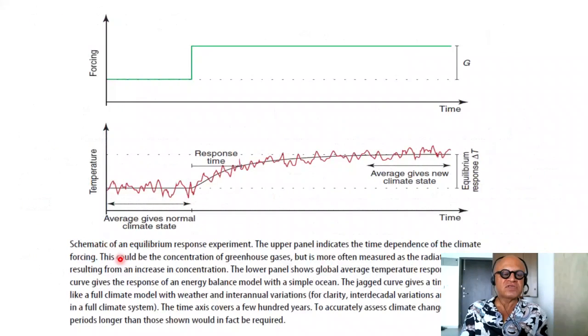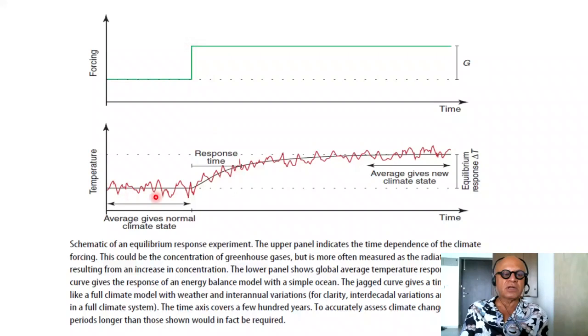Okay, so let's move to a schematic of an equilibrium response experiment. You are taking the forcing and transitioning it to an upper level, let's say corresponding to doubling of CO2.